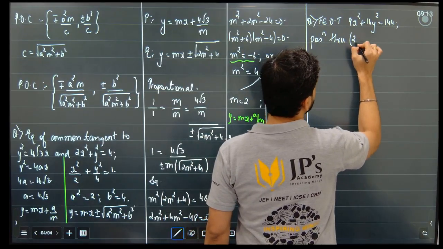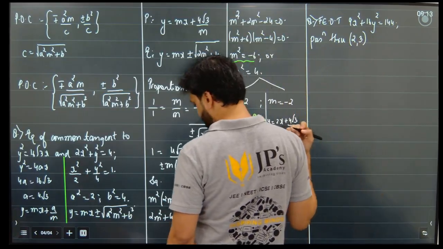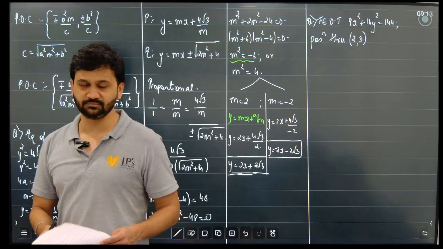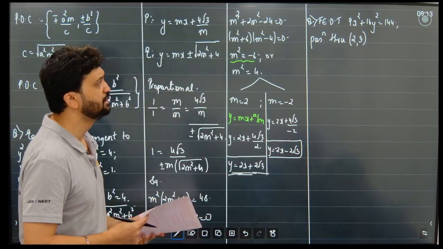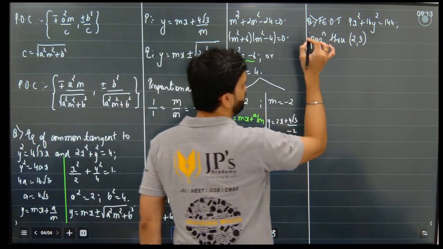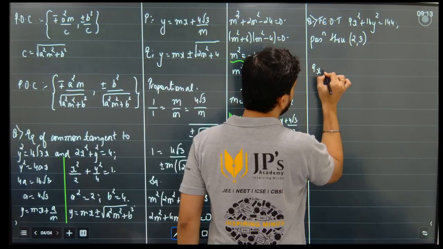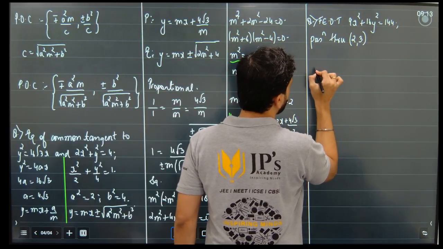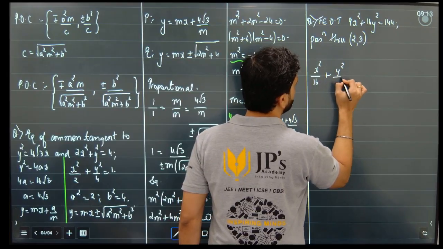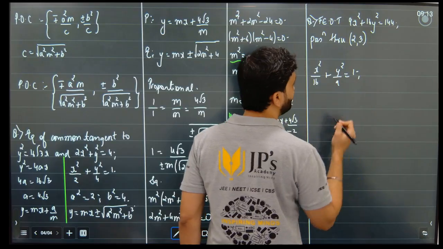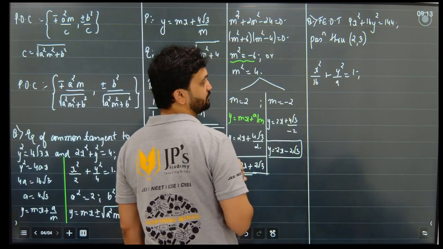Now remember this. Since they have said that it is passing through 2, 3, all I am supposed to do is just substitute in the equation of tangent. But for that, सबसे पहले, this will become x square upon 16 plus y square upon 9 is equal to 1. They have given x and y का value.